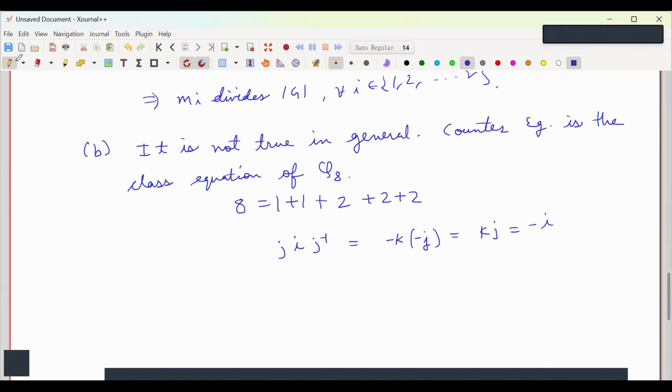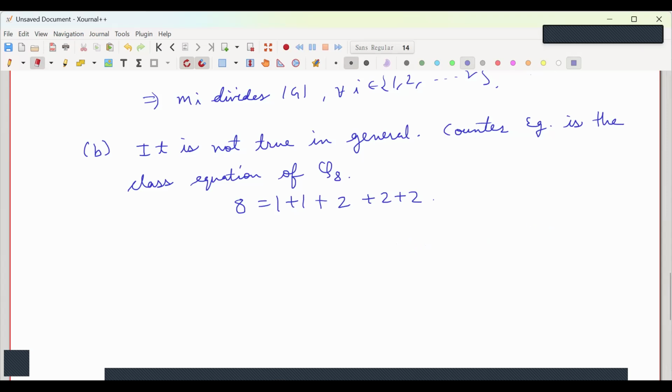If you conjugate by minus J, you will again get the same. If you conjugate by minus K, you will again get the same. Conjugating by central elements will give you I, and conjugating by I or minus I will give you I. So the conjugacy class of I is just I and minus I.